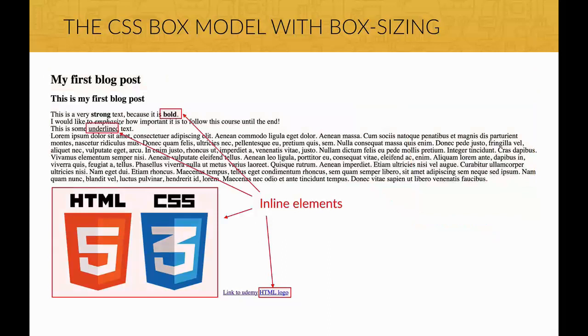For instance, images, links, strong and EM elements are all inline elements. What's important about them is that you can neither set their height or their width. But enough with theory lectures. Let's get our hands dirty with what we just learned and get back to Brackets.